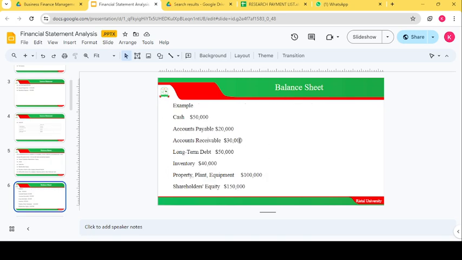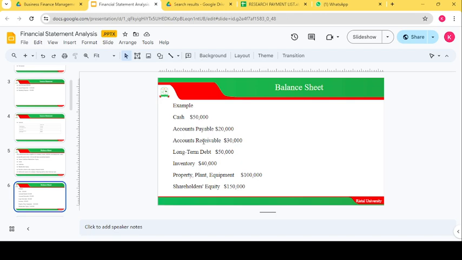You're given cash of 50, accounts payable of 20, accounts receivable of 30, long-term debt, inventory, and we have property, plant and equipment, which is 100, and then we also have shareholders' equity, which is 150,000.